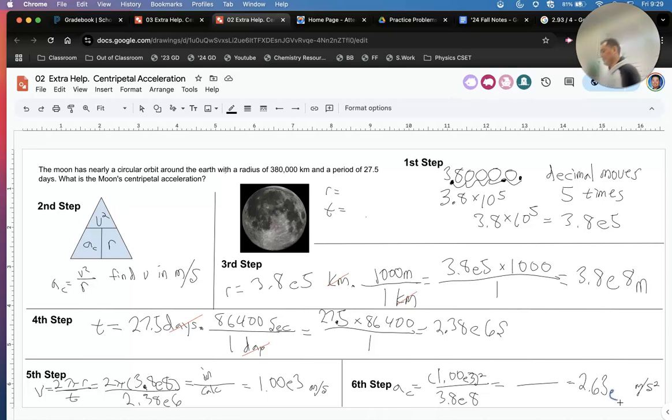Okay, so we'll try it again. No, it's a regular square, not the square root. You hit this. Square. There you go.